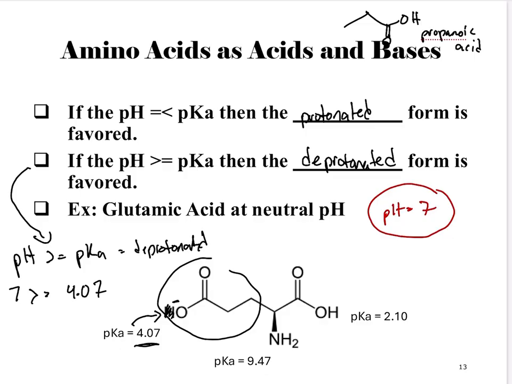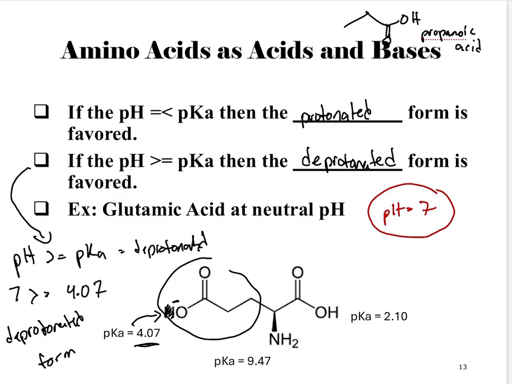Carboxylate, right? So we get now the minus charge there, and so the deprotonated form is favored. All right, and we have 2 other protons on this one. So this is just one of the protons that we're looking at right now.